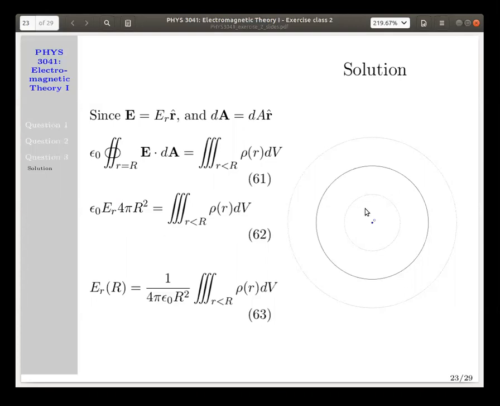Suppose we have a Gaussian surface with radius r here. Then the left-hand side is epsilon 0 E_r 4 pi r squared. The right-hand side is the charge that is contained in this Gaussian surface. Then after rearranging the terms, you can get equation 63, which is simply the total charge contained in that surface with radius r over 4 pi epsilon naught r squared.